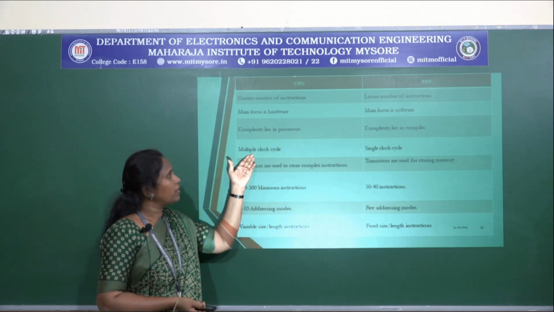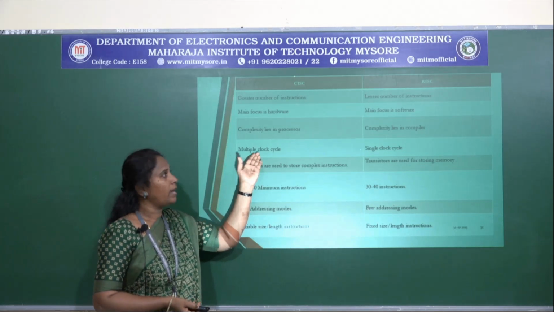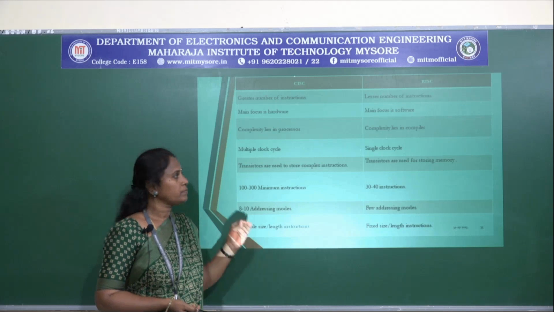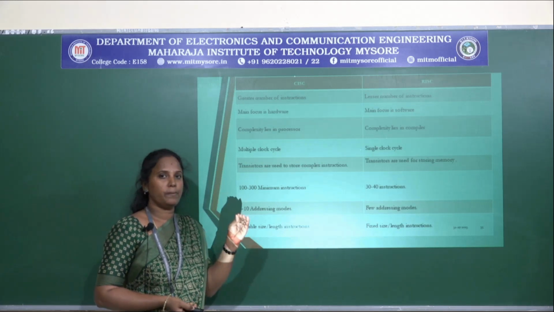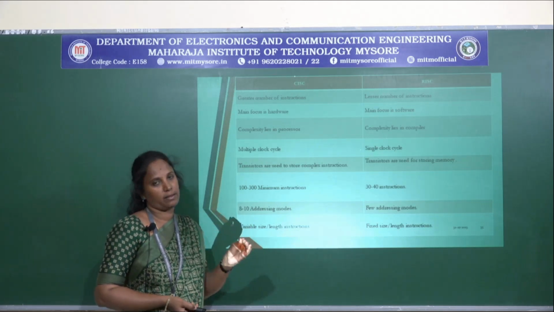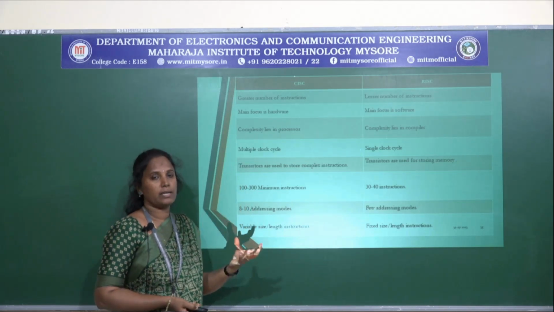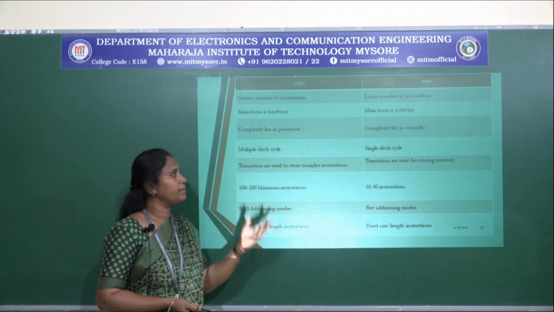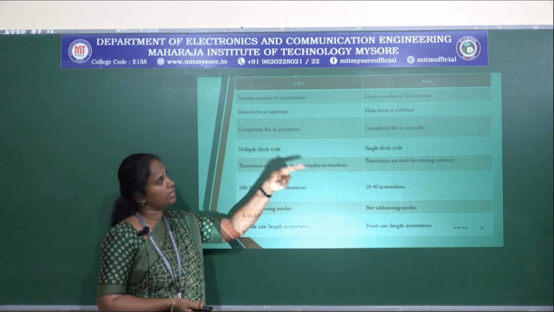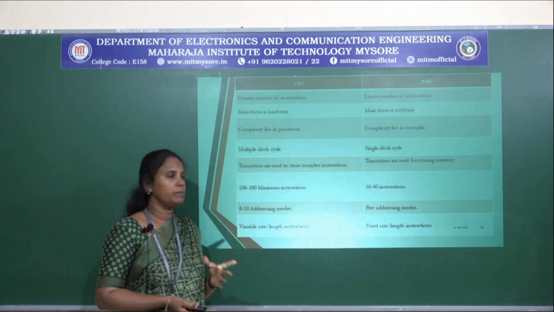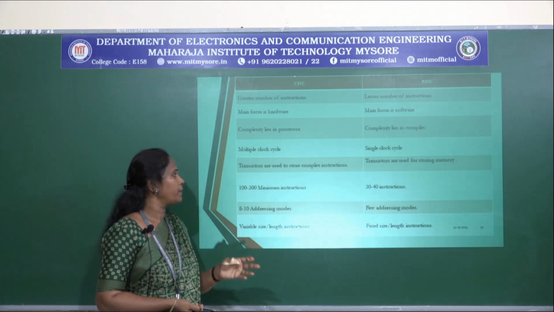That is the case with CISC, and in the case of RISC, it is going to perform its operation in a single machine cycle. So CISC takes multiple clock cycles, that means it might take 2 to 3 machine cycles, while RISC might take only one machine cycle to perform its operation.